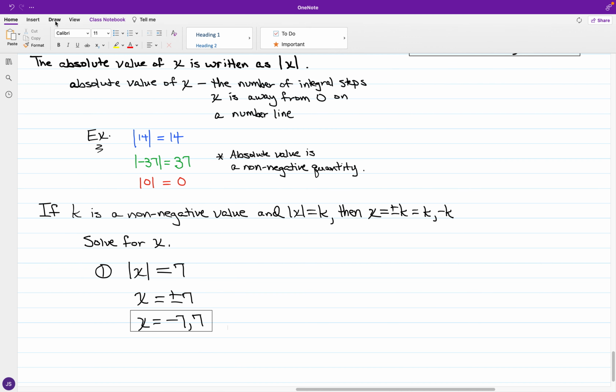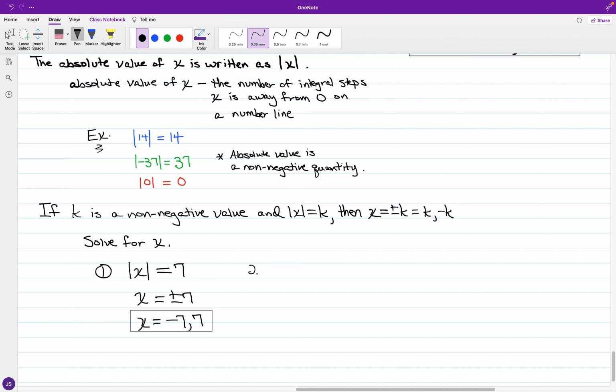Now, let's say we kind of change things up a bit, and let's say we expand the model. Instead of having just a standalone absolute value of x, let's say I had the absolute value of 2x minus 7 followed by the addition of 2 is equal to 19.